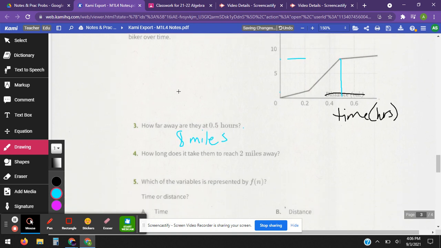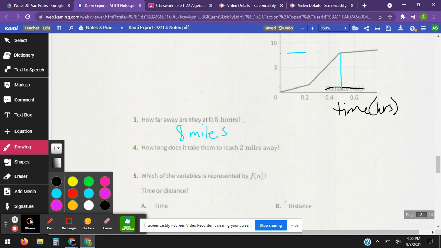How long does it take them to reach the 2 mile mark? So 1, 2 is about right there. Takes about 0.2, 4, 6, 8, 10, about 0.25, I'm going to say. 0.25 hours, or that would actually be 15 minutes, right? Okay.